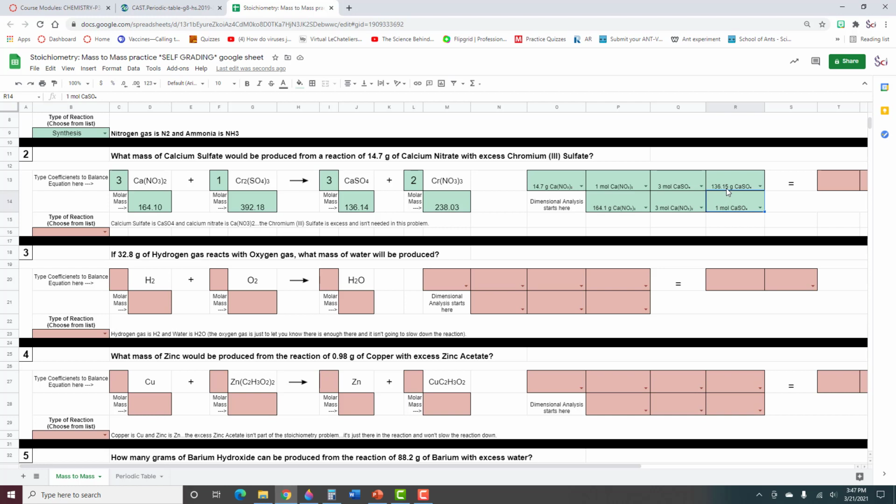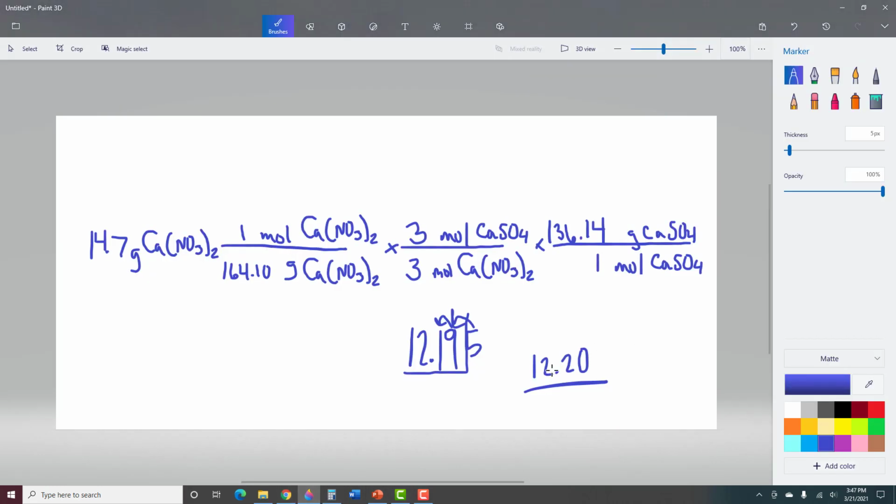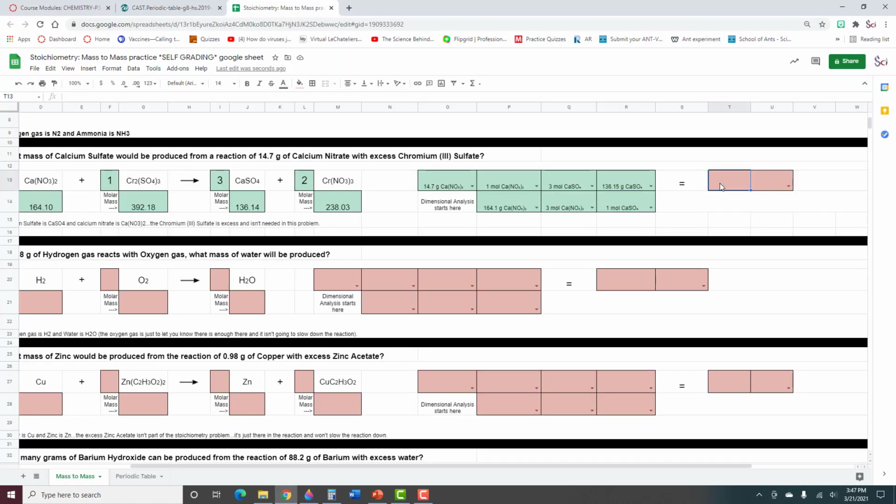And then this says 136.15. I think that's just a typo on their part. It's 136.14. I'll probably change that, so by the time you do your worksheet, that's not what it's going to say. And then we got the answer of 12.20. So let's type that in here, 12.20.